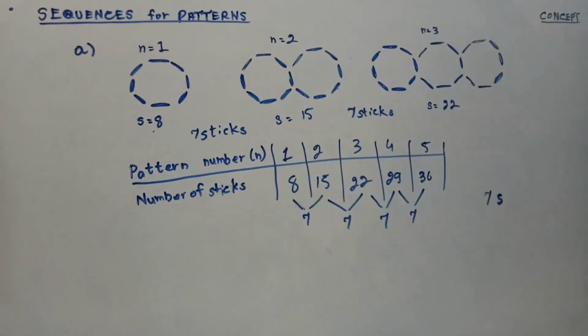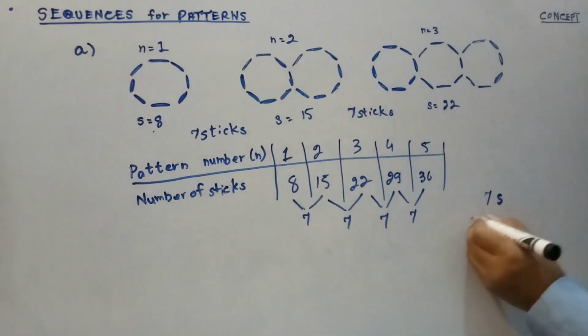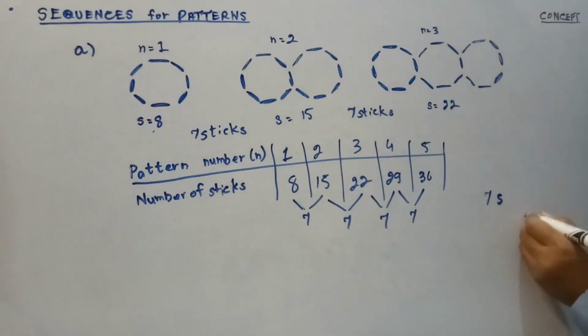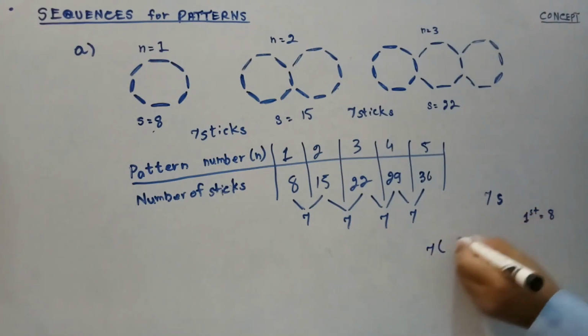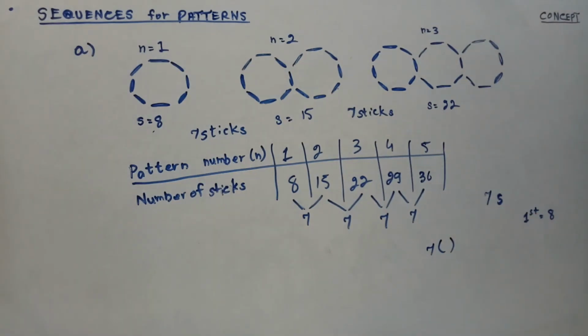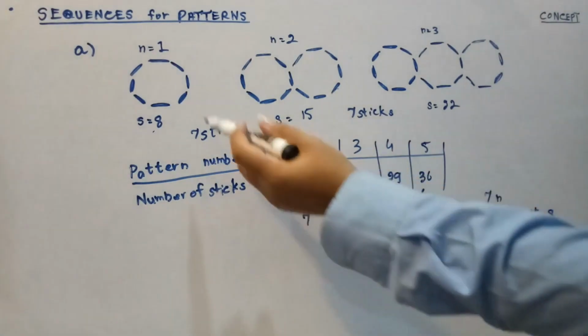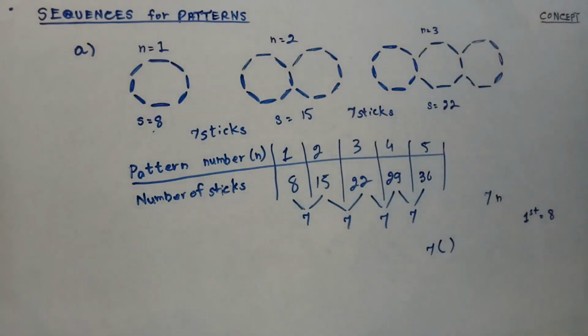So first of all, let me check. If I take the first pattern, it has 8 sticks. So 7 multiplied by, let me take n here. n is more clear because n is representing the sequence number, the pattern number.